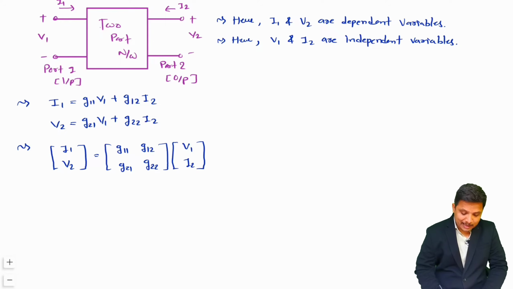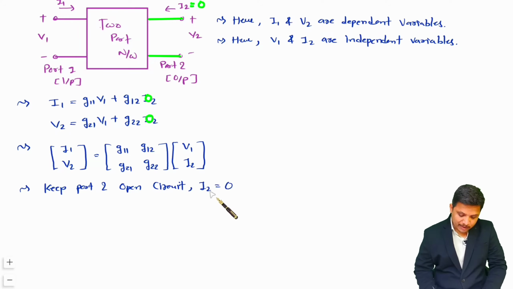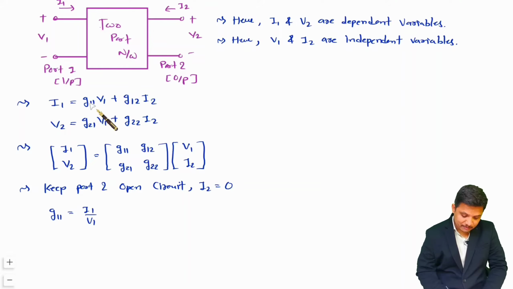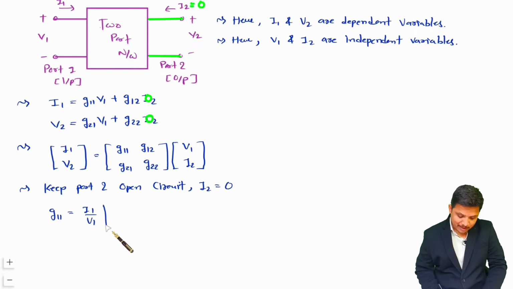So let us keep port 2 open circuit, so I2 equals 0. Then G11 is I1 by V1 when I2 equals 0, and G21 is V2 by V1 with I2 equals 0.